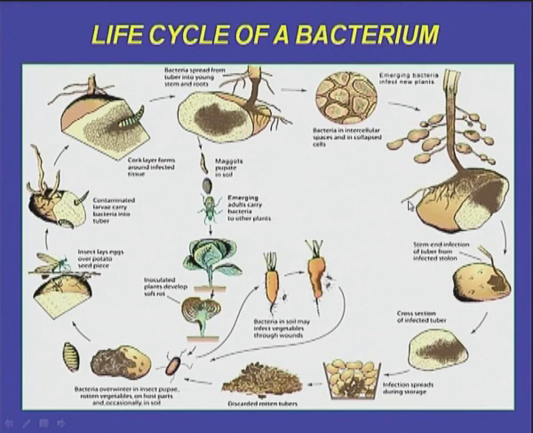This type of life cycle is there in the bacteria. Again this is a different type of cycle showing the maggots in the pupae in the soil, and emerging adults carry the bacteria to other plants. Here we see the plants are infected through soil-borne bacteria, and here it is in the carrot, Daucus carota. You see here the bacterial infection, and again the bacteria complete the life cycle in this way.